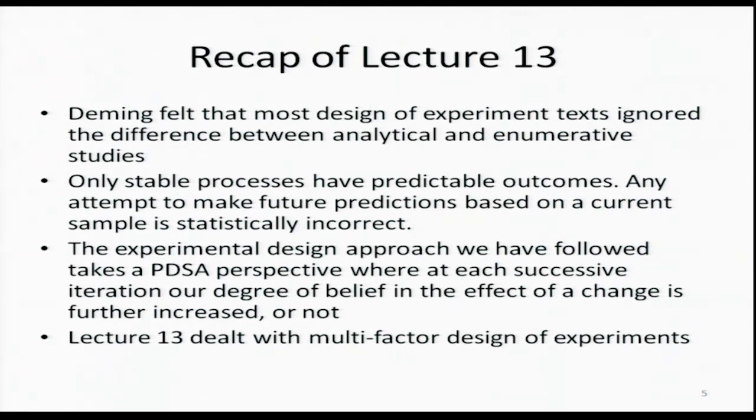The moment a process goes out of stability zones, we really cannot make any prediction with regard to that particular process, and therefore trying to make future predictions on the basis of a current sample is statistically incorrect.